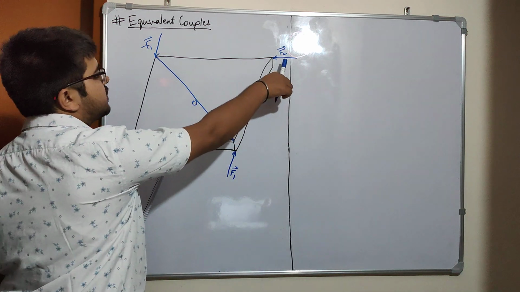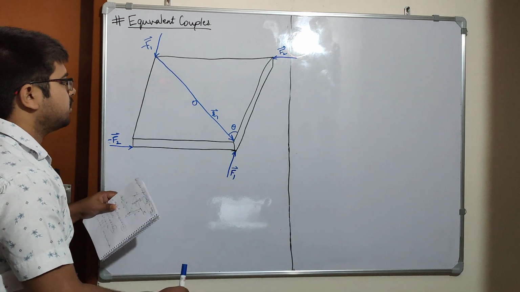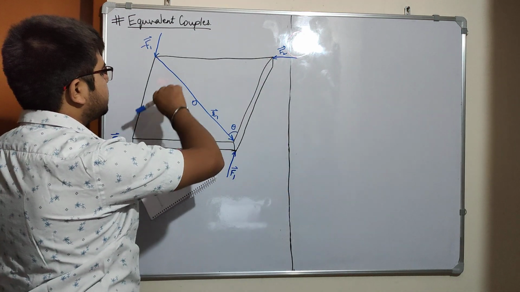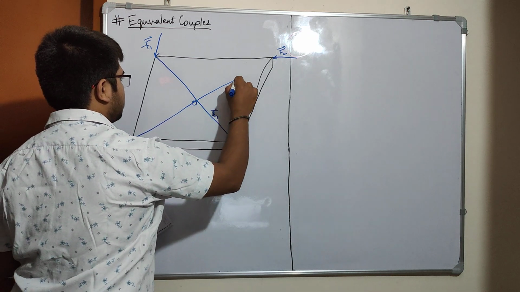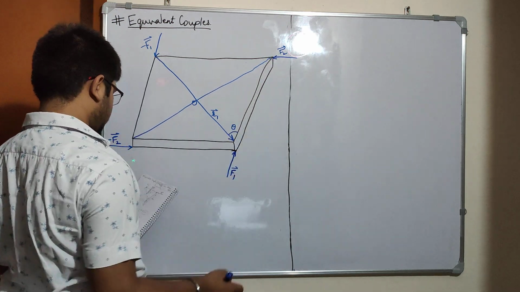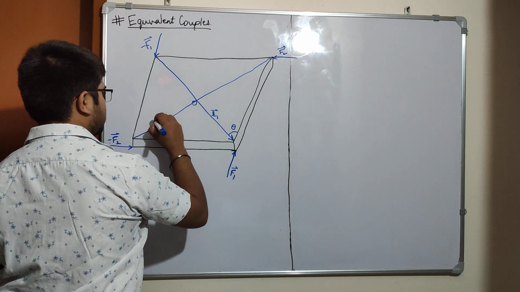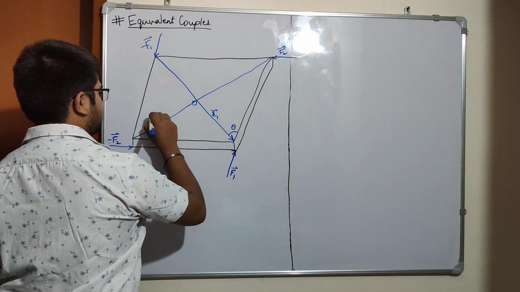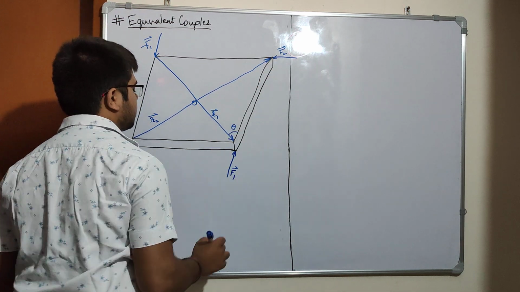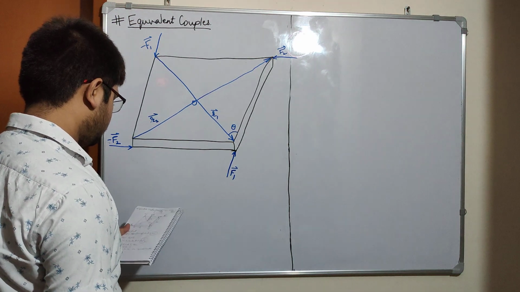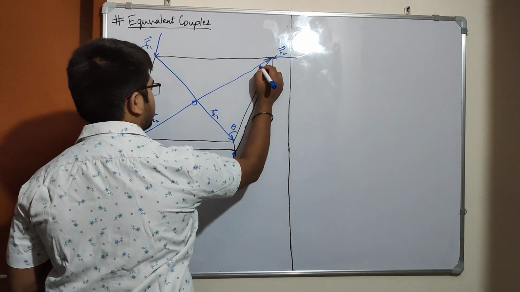Similarly, for these two vectors, F2 vector and minus F2 vector, it will turn the block in the same direction. So we'll get this as R2 vector. Let's say this is acting at an angle of phi.